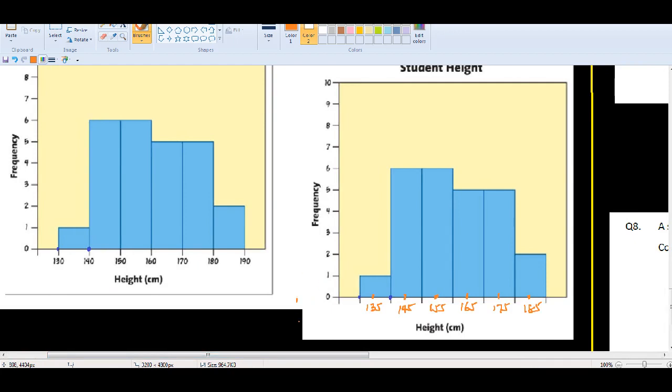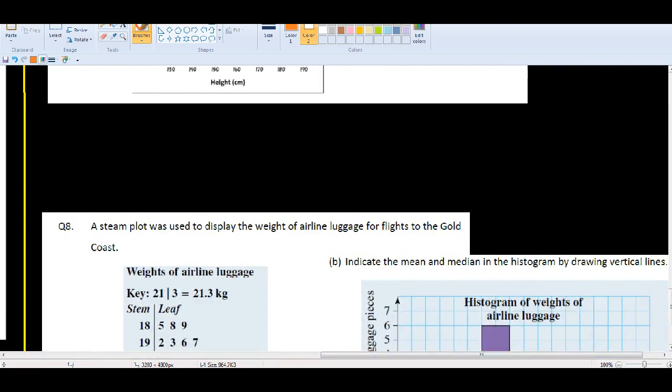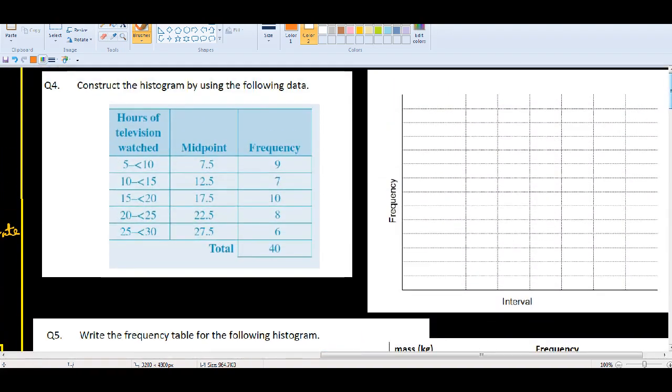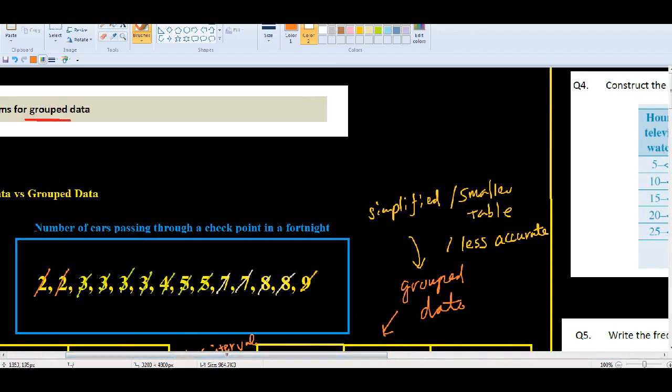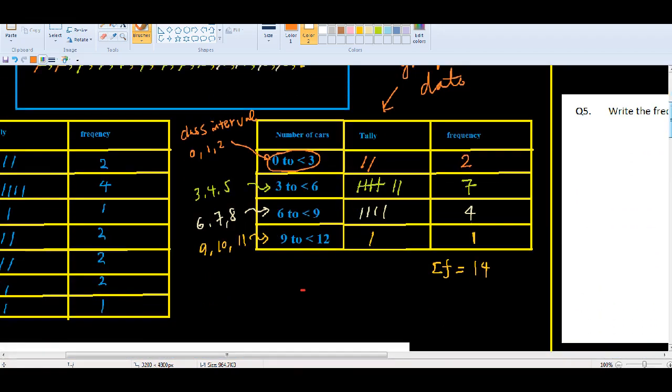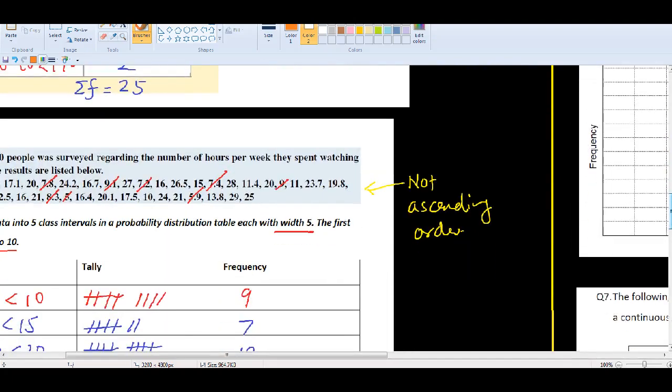Let's have a look at another question over here. Let's try to sketch one. This is the hours of television watched. We've done that before in our question. I think that should be question 2, right?